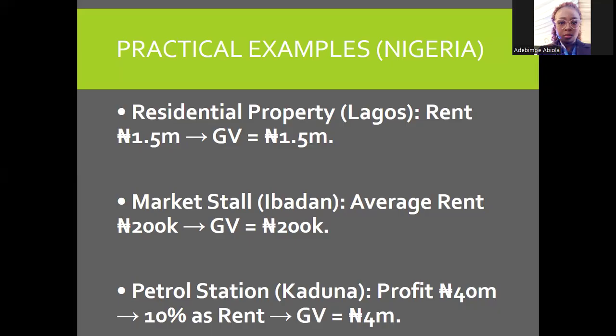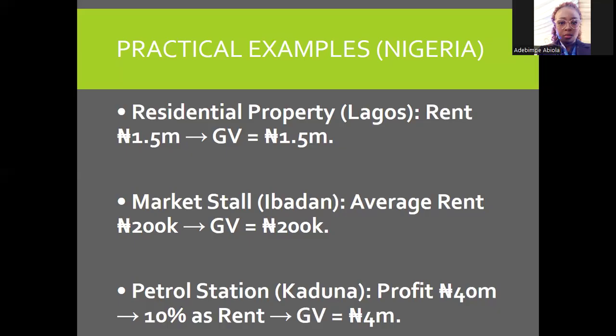Then another example is a market stall. Let's take Bodija in Ibadan, for example. After we have done our market survey, we are going to notice variance in rental passing. For example, you can have a range between 180,000 to 220,000.